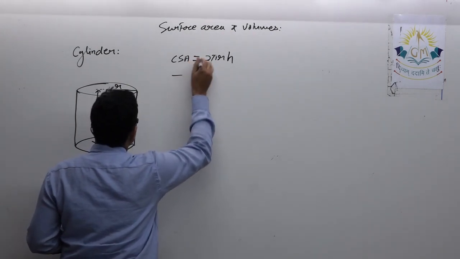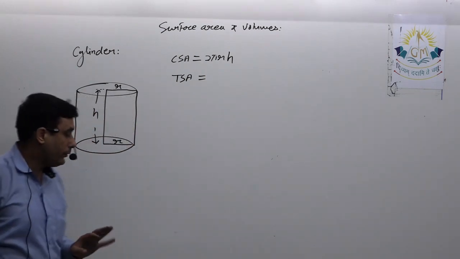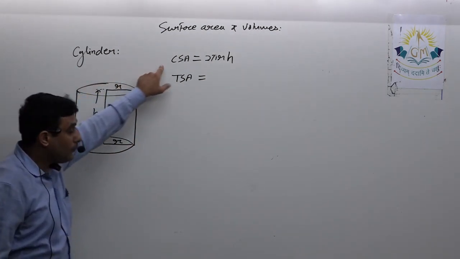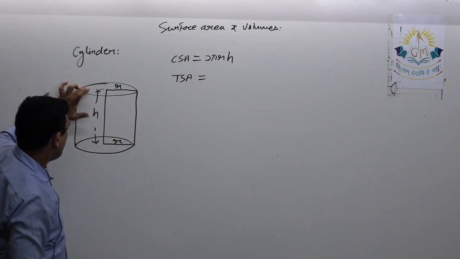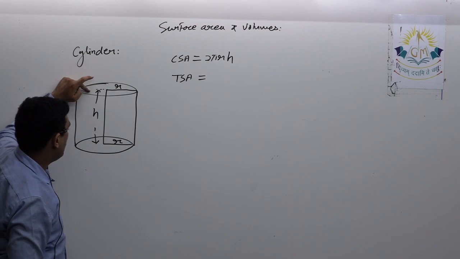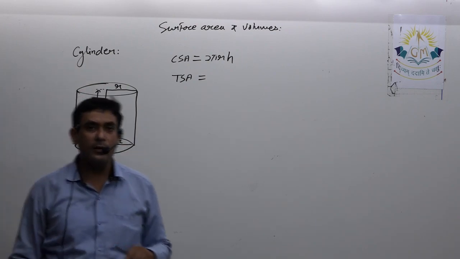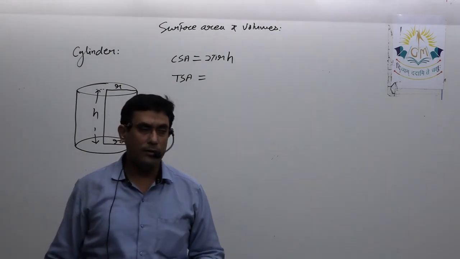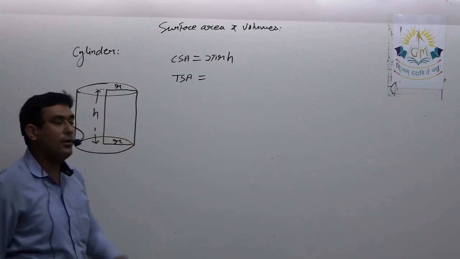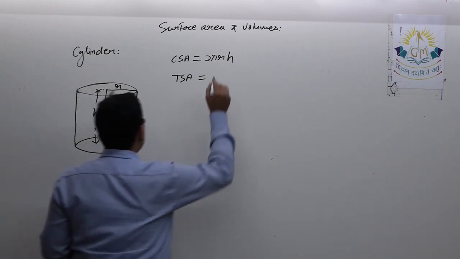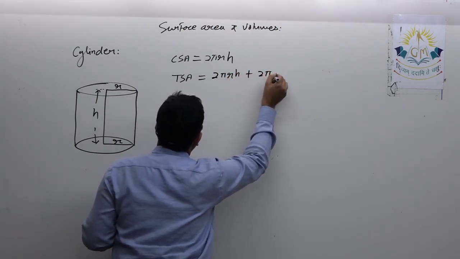Now total surface area, as I told you, total surface area, that means area of all the surfaces. So other than this curved surface, it has two surfaces more. This upper surface and this bottom surface, and these two surfaces are in the shape of a circle, and area of circle is pi r square. So if I add 2 pi r square. Why 2 pi r square?